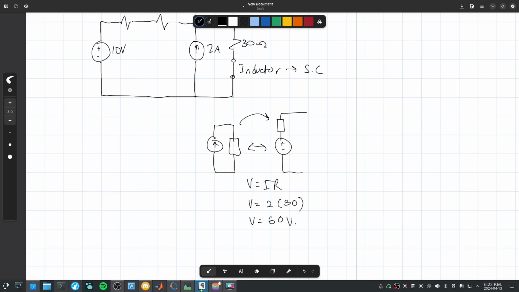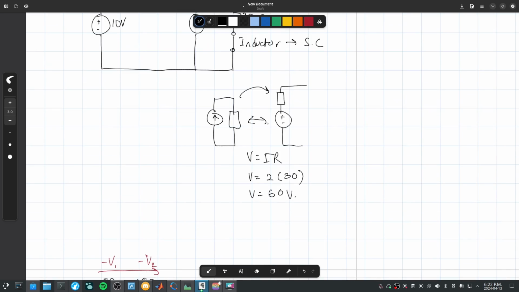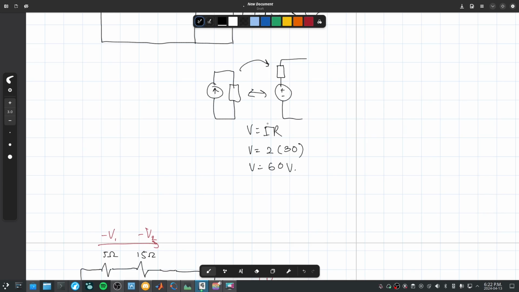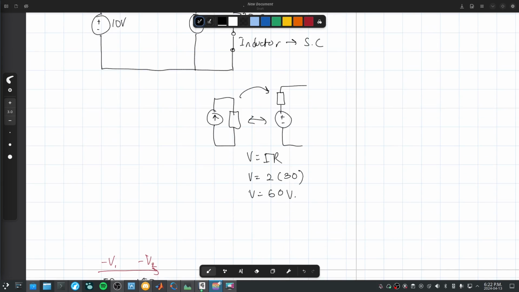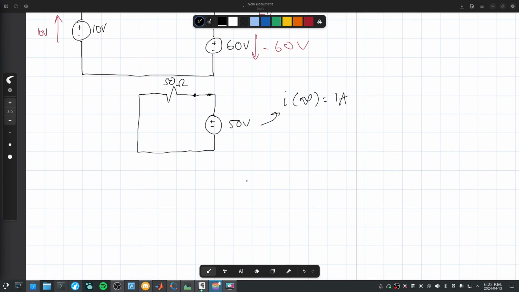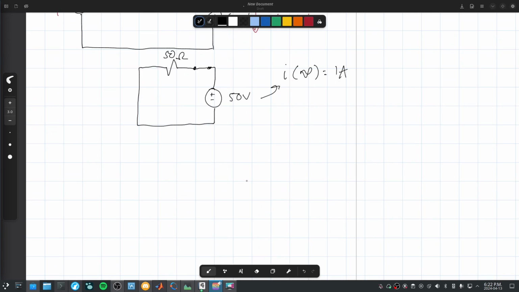Where did I get I_L equals 0? I_L 0 plus is equal to I_L 0 minus. Actually, yeah, okay. Oh, yes, you reminded me. Okay, thank you. That's how I did it.